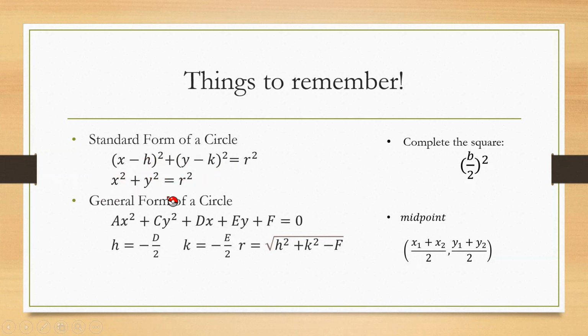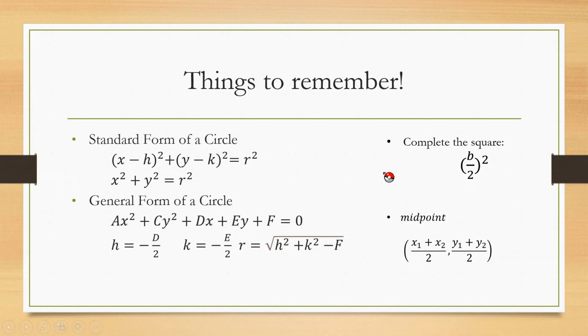Next, the general form of a circle. We have to know the coefficients of our equation, which are A, C, D, E, and F. If we know this general form of a circle, we can easily get our h, our k, and our r by following these formulas.